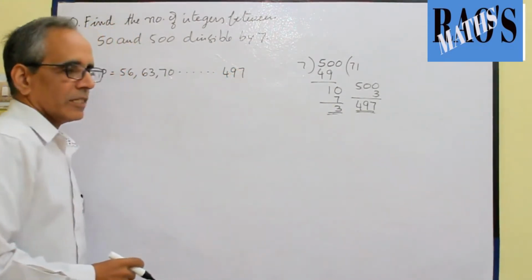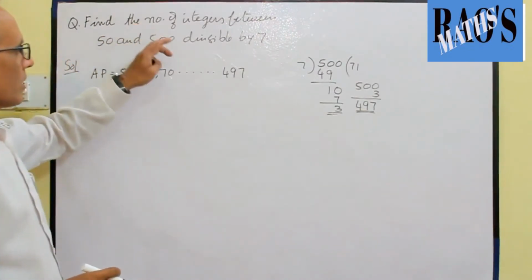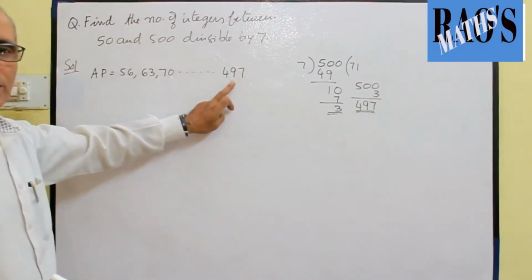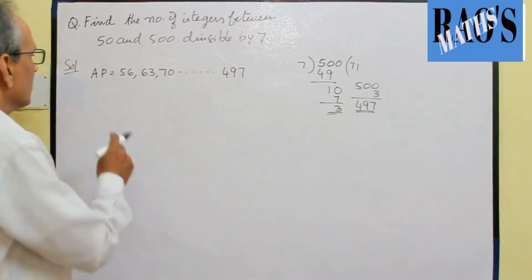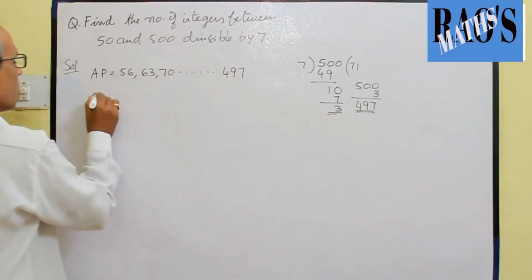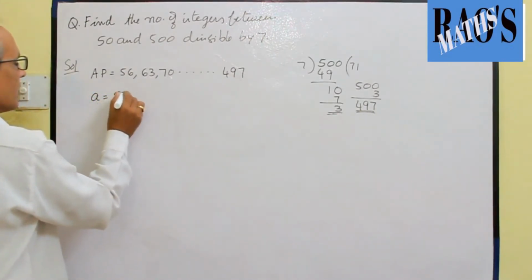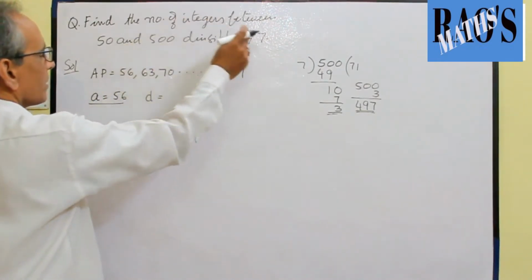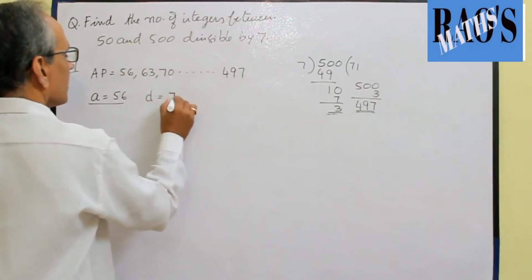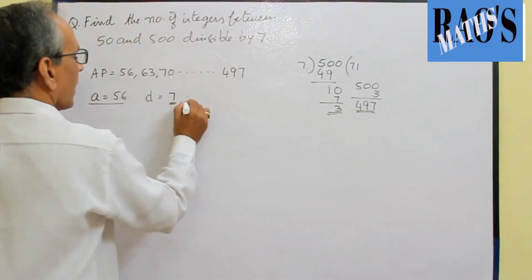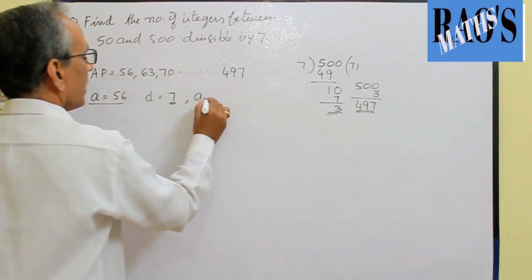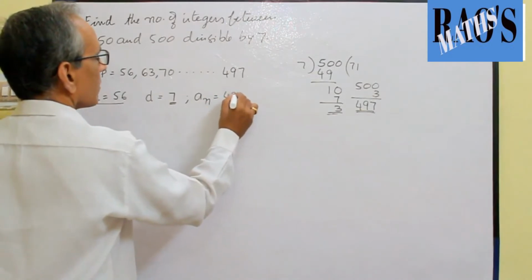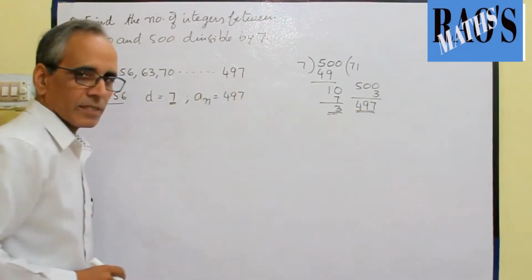Actually you have to find how many terms, which term is 497. So from this AP we can define A as 56, and D is the common difference. Since they are the multiples of 7, D is equal to 7, and the nth term is equal to 497. We have to find the value of N.